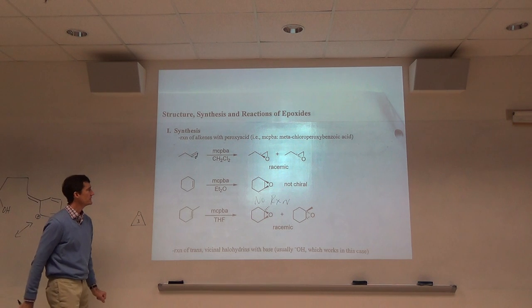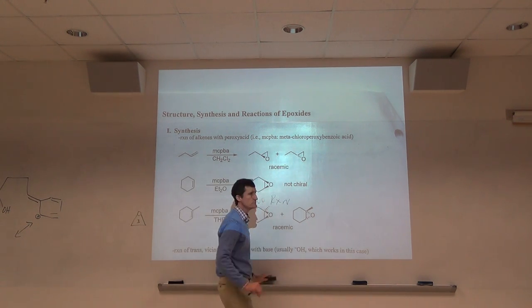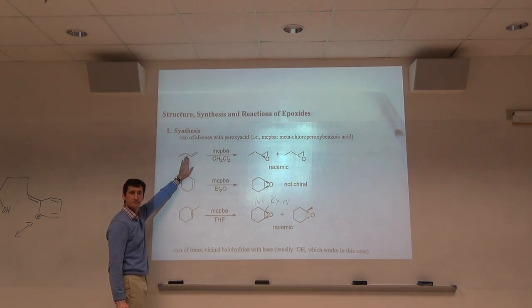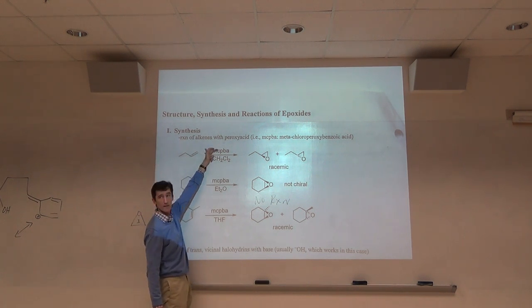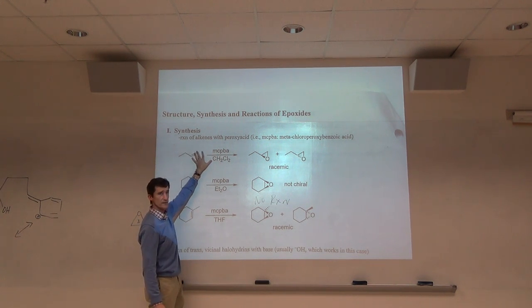How do we know it'll be racemic? Is this optically active? Is this chiral? No, it's not optically active. MCPBA is not optically active. Dichloromethane not optically active. Nothing over here is optically active.